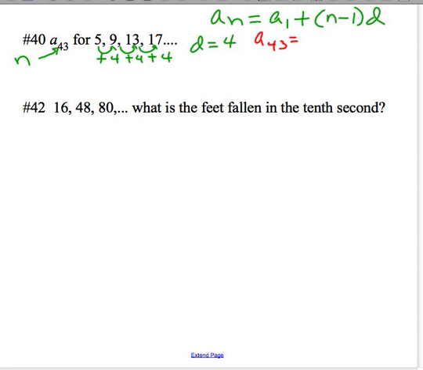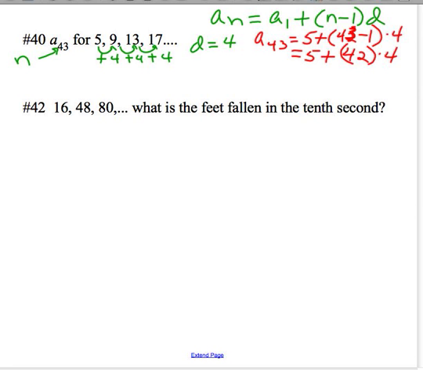My 43rd term, a sub 43, will be equal to the first term, which is 5, plus 43 is my n term, minus 1 times my common difference of 4. 43 minus 1 is 42.